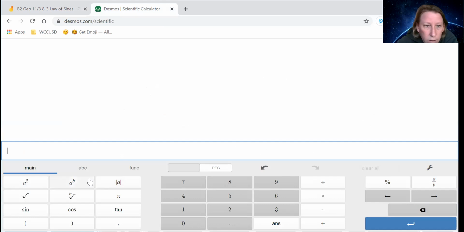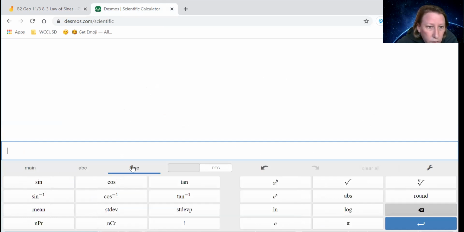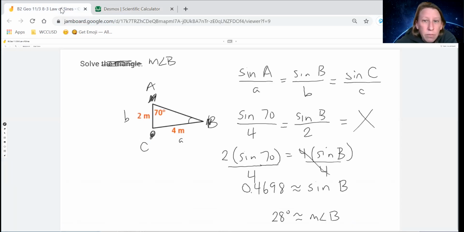Let's look for our functions. Aha, here's the sine, here's the inverse sine. The notation is kind of interesting. The way we read this is the inverse sine. It has nothing to do with an exponent of -1. It's just the inverse sine. So I'm going to put inverse sine, and then put in this decimal, 0.4698.